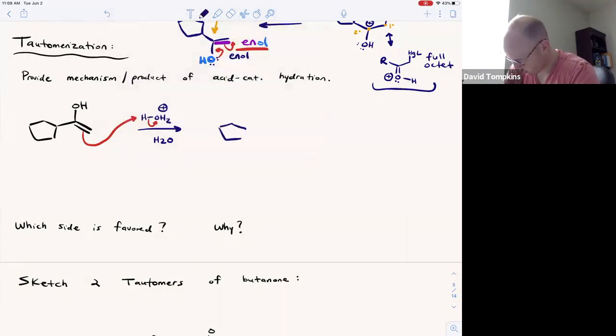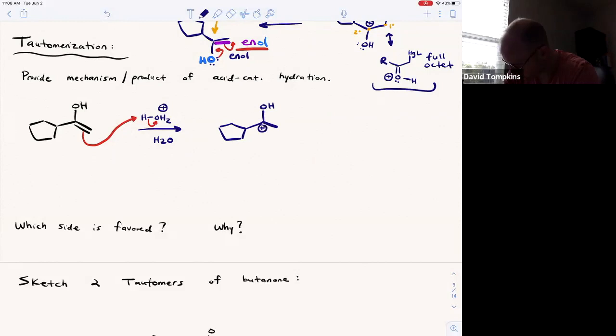And it's going to protonate with strong acid to create a carbocation at the most substituted carbon. Once again, this carbocation is stabilized not just by hyperconjugation, but also by resonance, where you can show pi bonding between C and O and delocalize the charge.